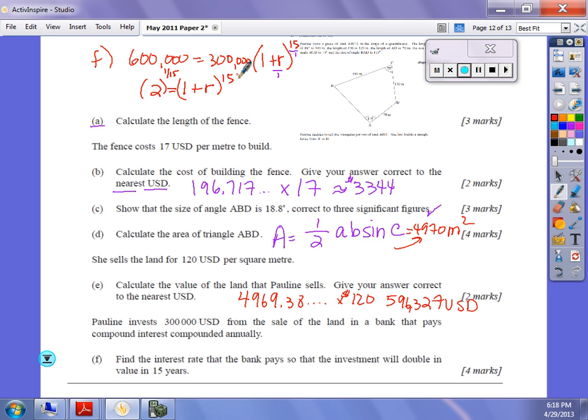I think that's probably what I'd do. So if I raise this to the power of 1 over 15, and continue with the calculations, then the rate is equal to 4.73. All right, let's see. Am I finished? I am finished with paper 2.